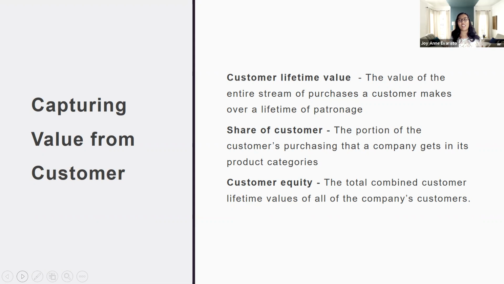To make it easier for you to understand, when a company adds all of the customer lifetime values of all of their customers, that is customer equity. So that is literally the customer lifetime value of customer 1, 2, 3, up to all of their customers. From all of these three things, what the company wants to maximize is actually customer equity.